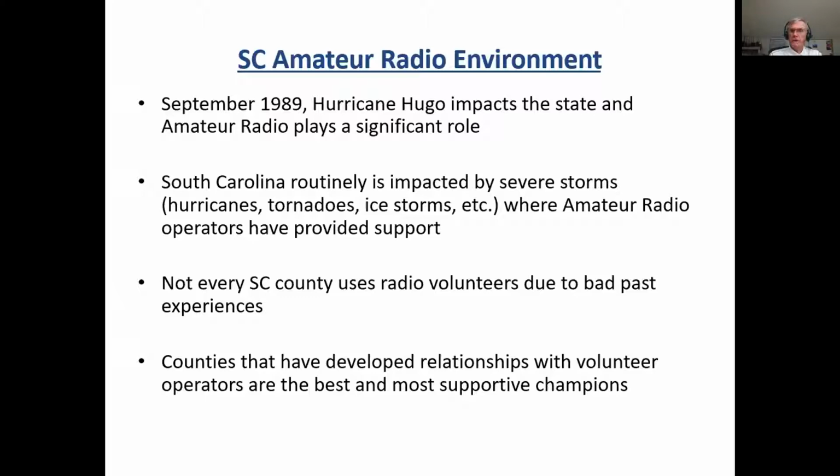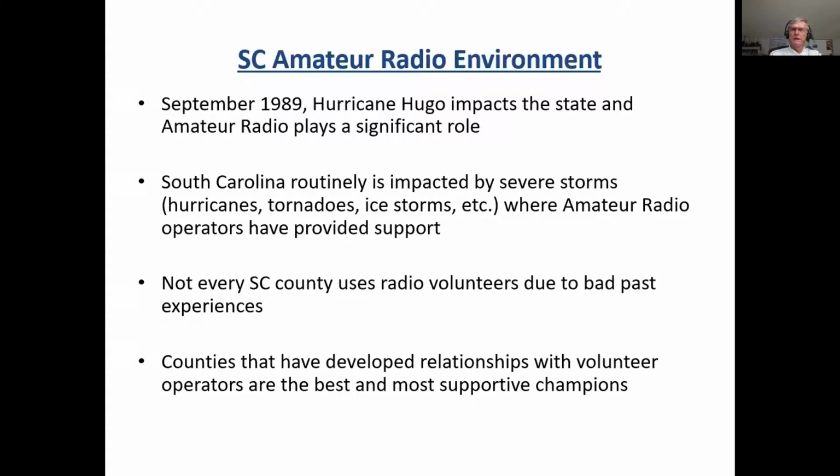After Hugo, I got my license and I found it very useful, and during subsequent responses I took it with me anytime we had a hurricane response. Since Hugo, the state's periodically been hit with tornadoes and more hurricanes, ice storms, even train wrecks, and amateur radio has always been able to provide support when needed. Now, we'll be honest with you, not every county in South Carolina uses radio volunteers, and a lot of it has been due to bad past experiences.